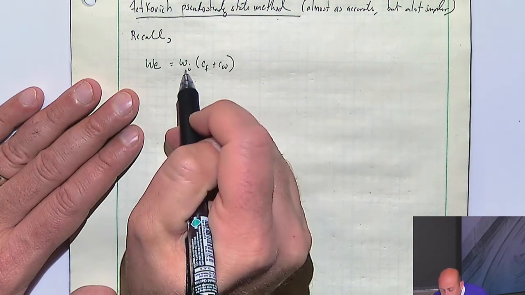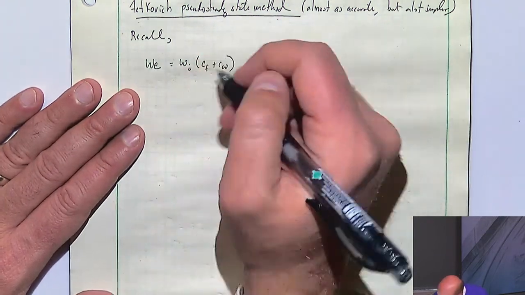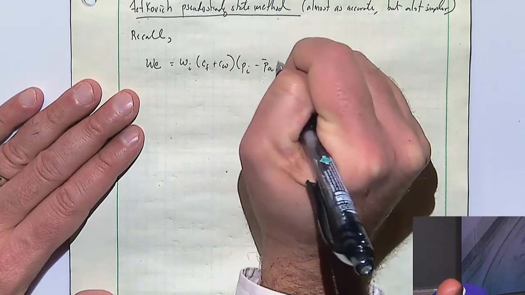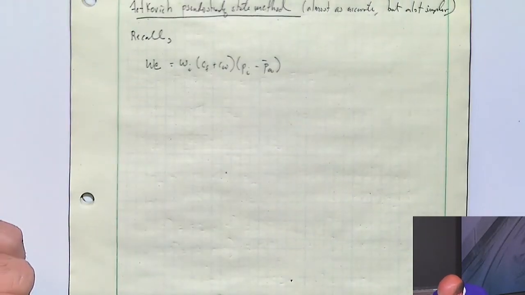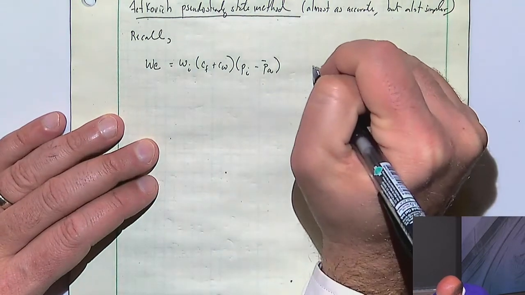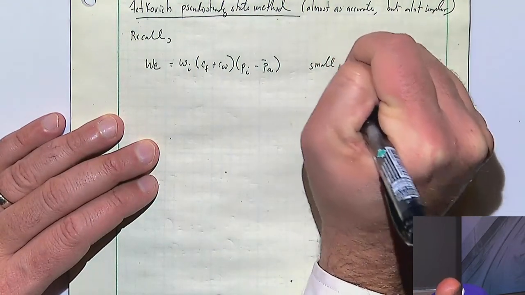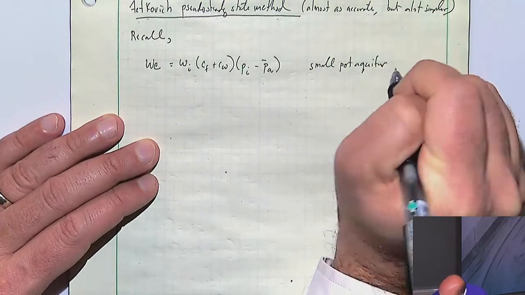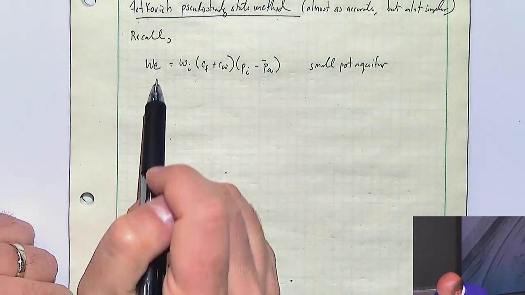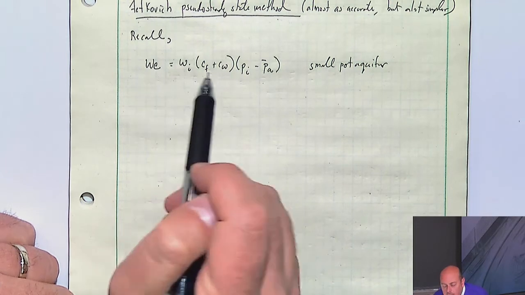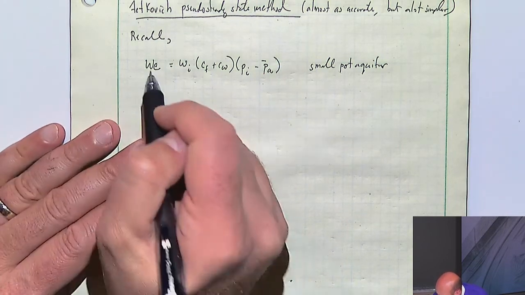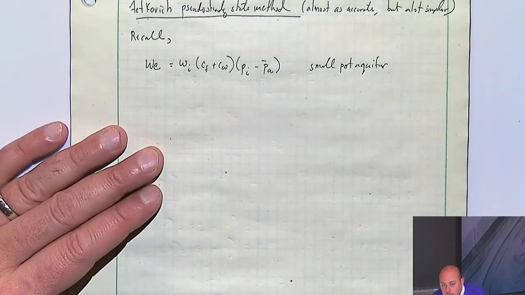Remember, WI is the amount of water in the aquifer, and this was sort of the small pot aquifer. And it tells me how much water would encroach if I waited theoretically an infinite amount of time, but really a long time.